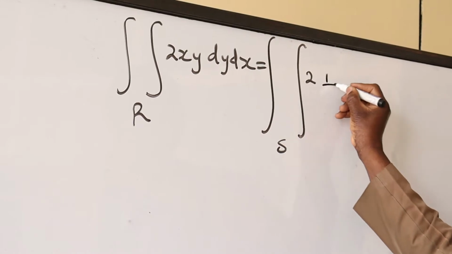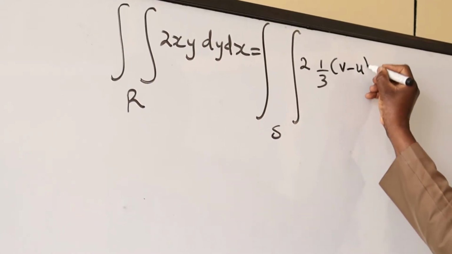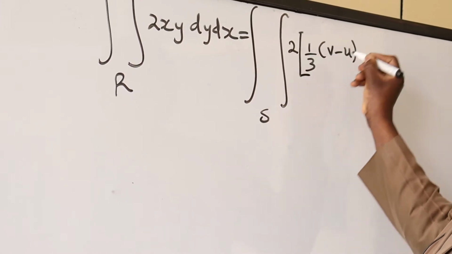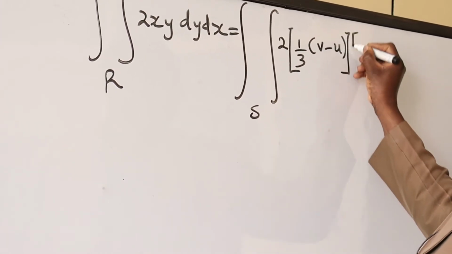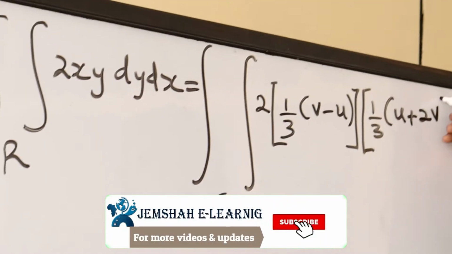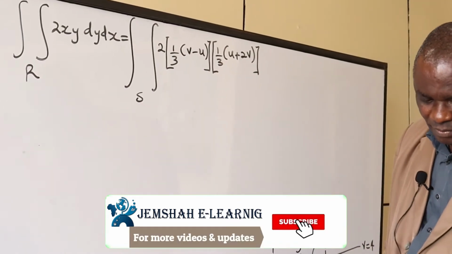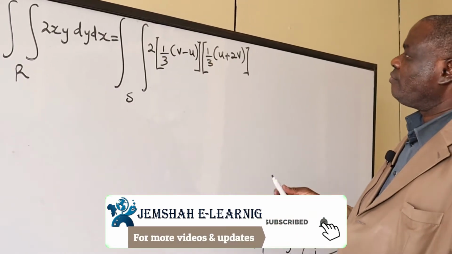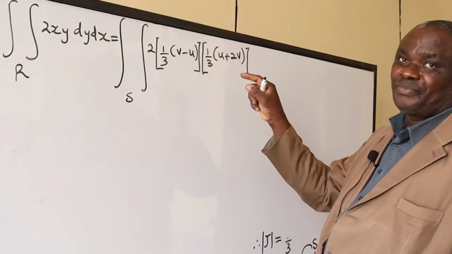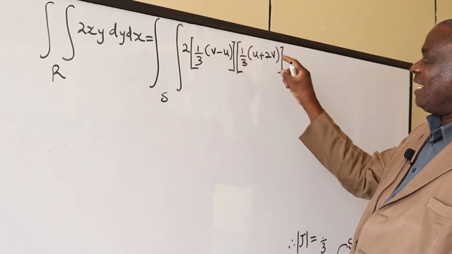A third into v minus u. That is our x. Our y is a third into u plus 2v. So we have put in the values of x and y.